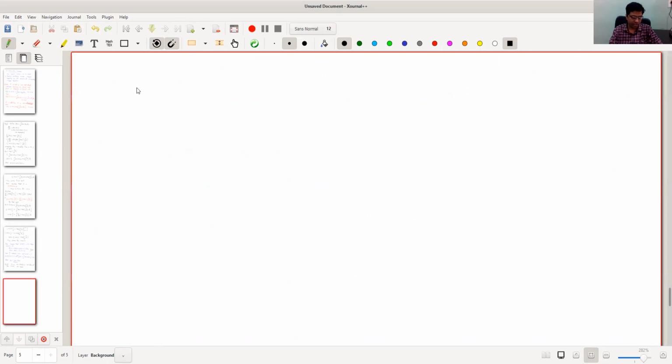We are integrating this. So the left hand side is x of t minus x of 0, that is phi of 0.